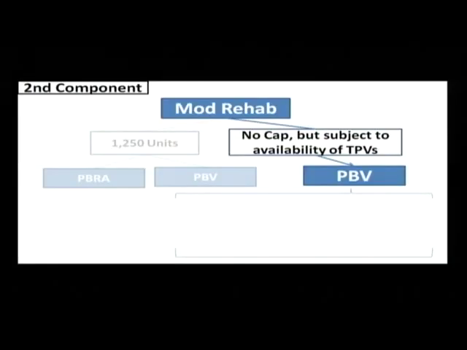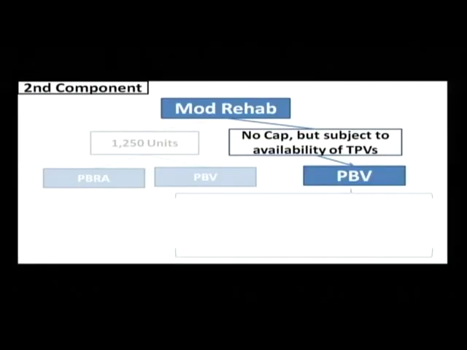Definitely. So let's switch now, Diane, to the second component of the demonstration as it relates to Mod Rehab. Can you give us some idea of some of the key provisions under the second component? What do we need to know about there? Sure, Pat. Actually, I think there's a PowerPoint on the screen for viewers to kind of follow along as well.